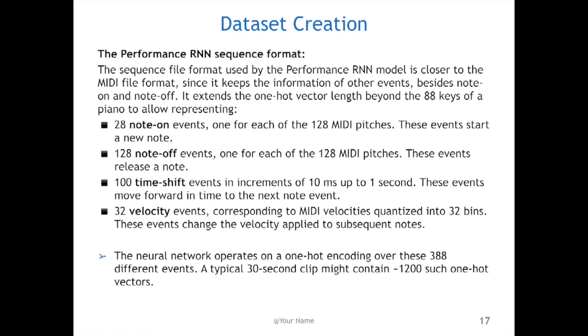It extends the one hot vector length beyond the 88 keys of a piano roll to allow the representation of more events like time shift, velocity, etc. The neural network operates on a one hot encoding over these 388 different events. A typical 30-second clip of a song might contain over 1,200 such one-hot vectors.